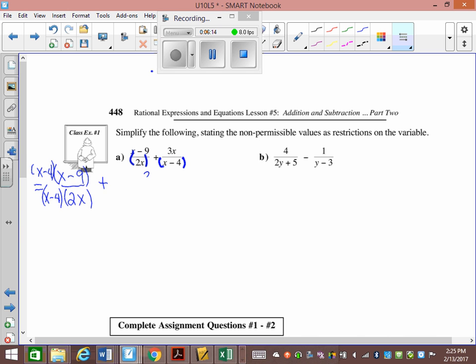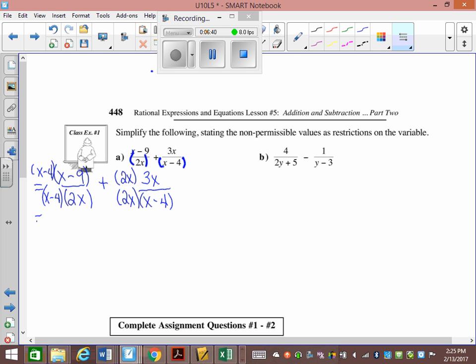Plus, and this one I'm going to multiply by 2x on the top and the bottom. So this one I multiplied by that denominator, and this one I multiplied by this denominator. Okay? Our next step is to write the entire top over one denominator, because right now I have a common denominator, don't I?